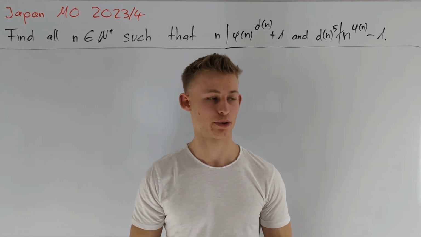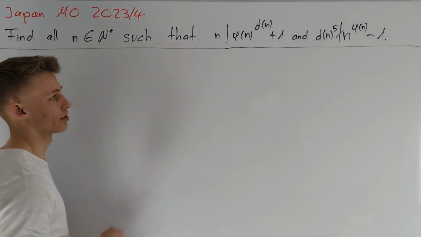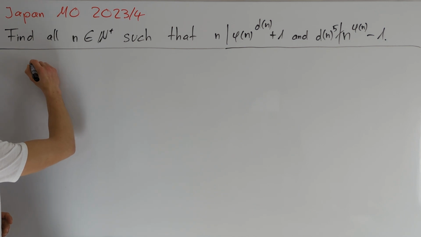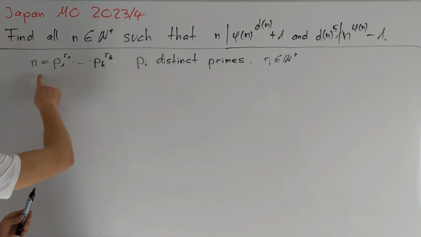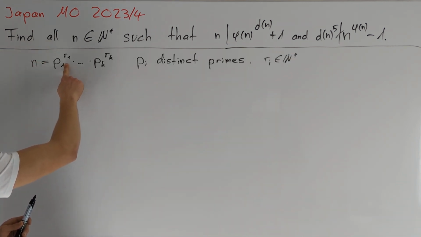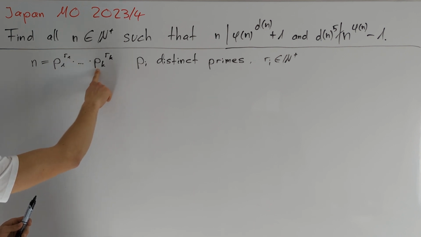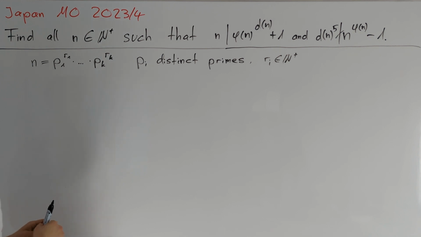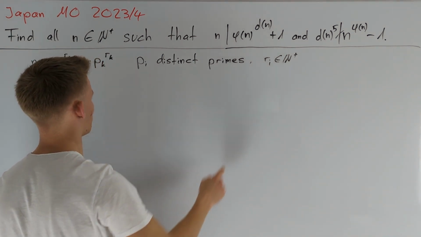Coming back to the problem, our first step, in order to handle these functions better, is to write down the prime factorization of n. So n should be equal to p1 to the power of r1 times and so on up to pk to the power of rk, where the pi are distinct primes and the ri are positive integers.